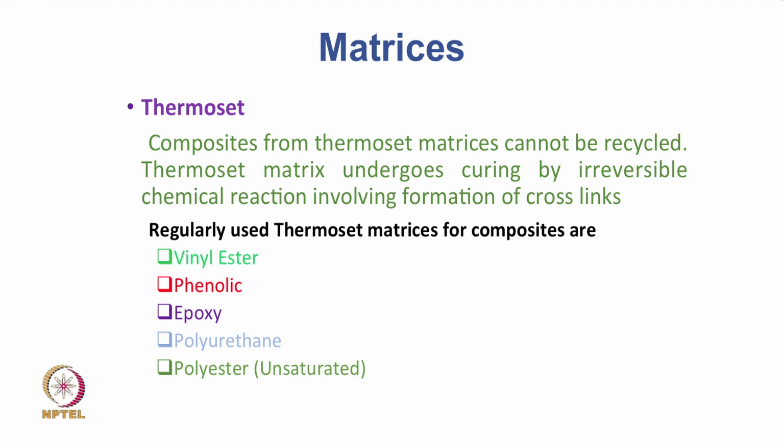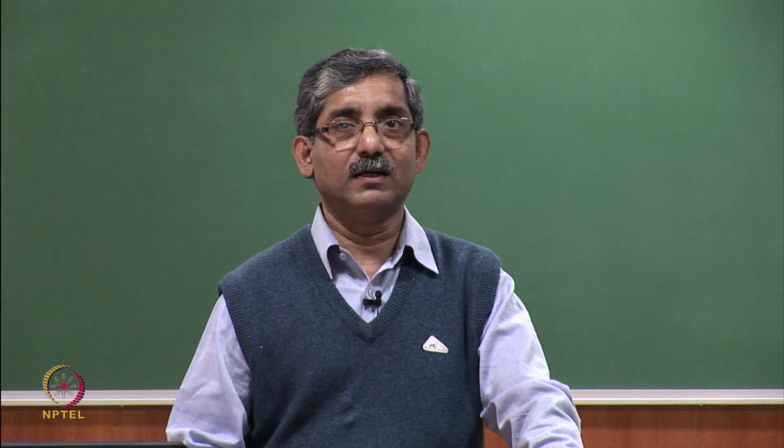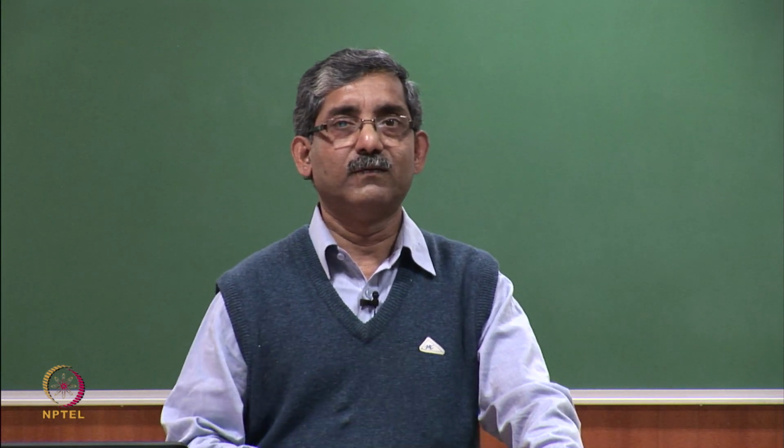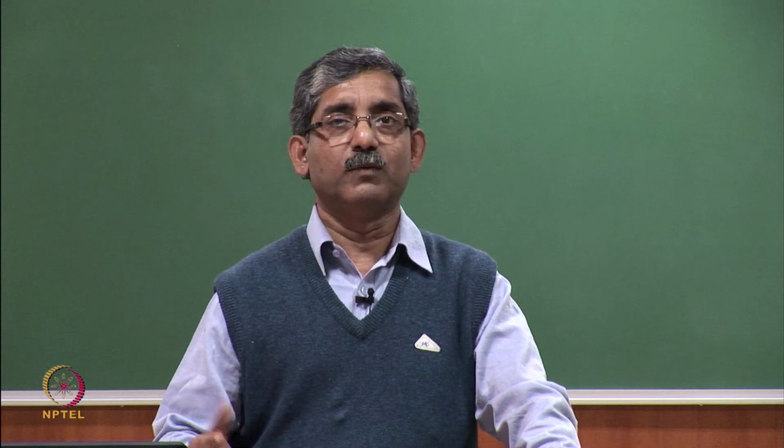That means, once the crosslink is formed, it is totally stable, it is irreversible, it cannot be reversed, we cannot get the initial material. Once the curing is done, we cannot go back to the liquid or viscous stage.